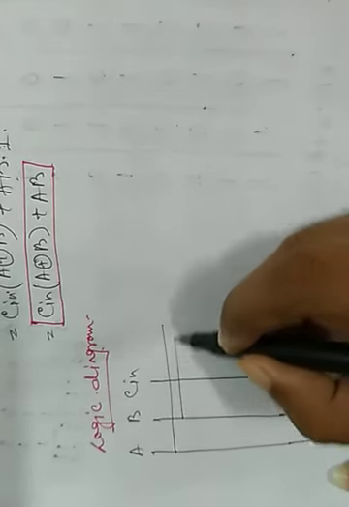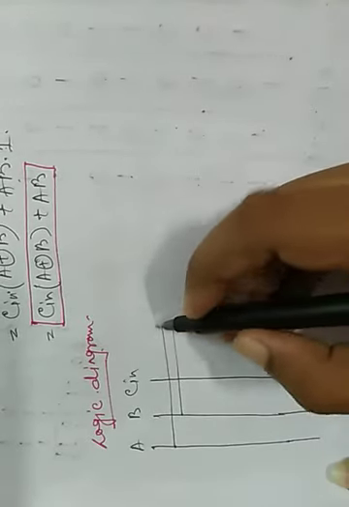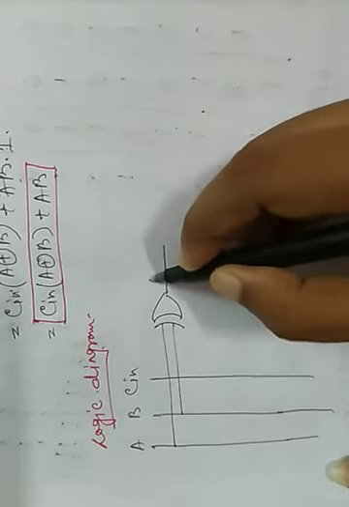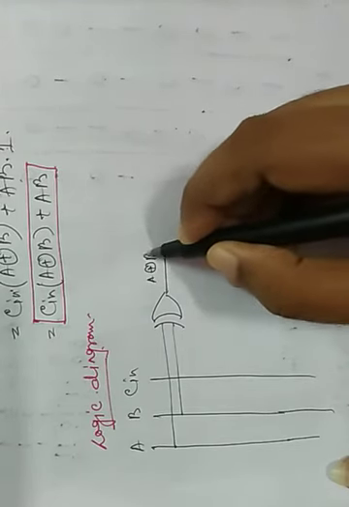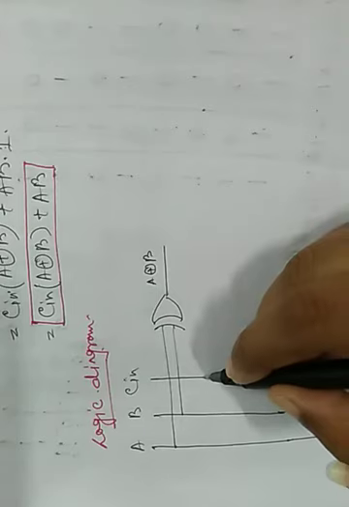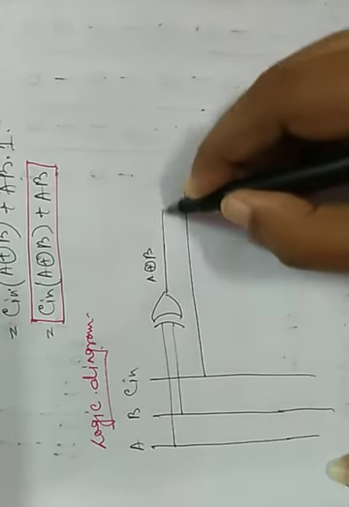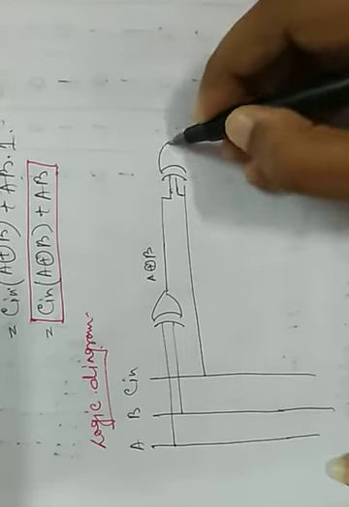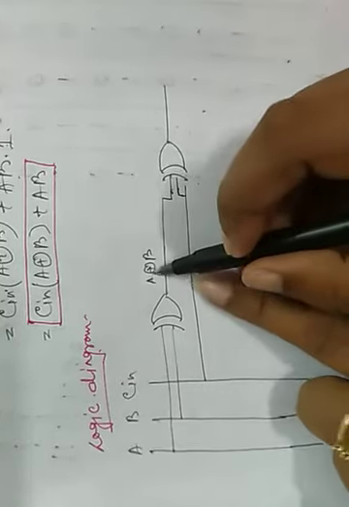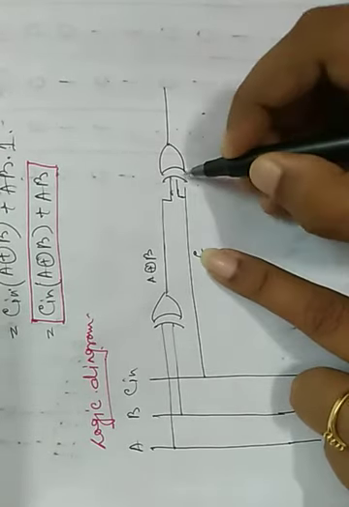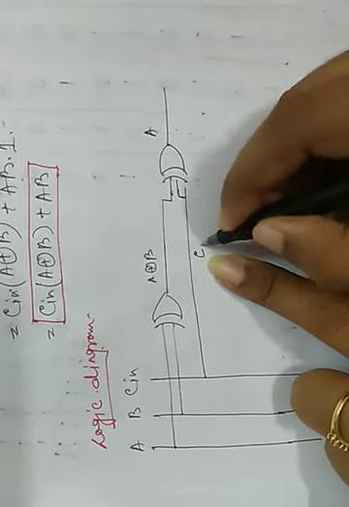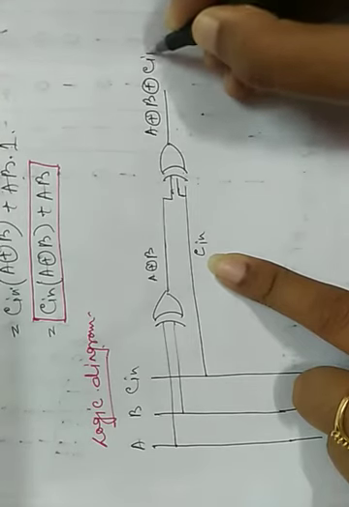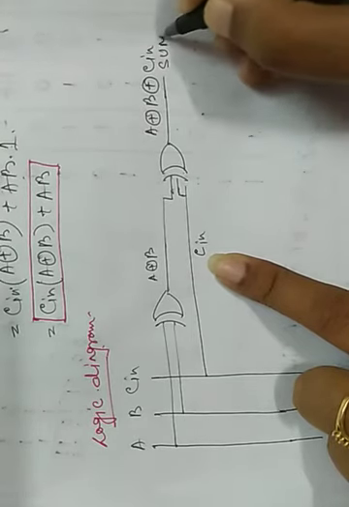At first we do A, B exclusive OR, this is A exclusive OR B. Then again we take C in, so A exclusive OR B, exclusive OR C in. And this is the sum expression.